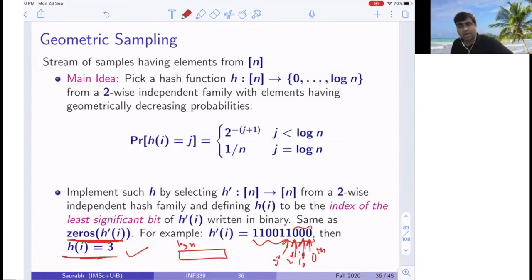Of course, half, n by 2. Secondly, with the first bit, 1/4, and so on and so forth. So you do not pick this h directly, but you first pick h prime and define h by looking at where it maps, and then taking the least significant bit. Okay. Is the idea clear of how to select such h?